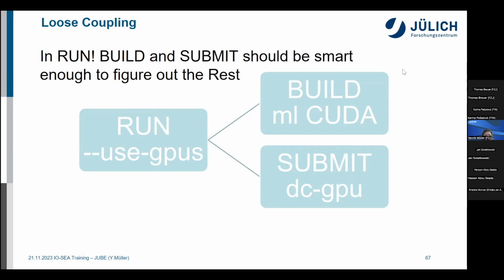And then this is a parameter that I give to my application. And then the build and the submit parameter sets should be smart enough to know, hey, I want to run with GPUs at the end. I need to give the values that are applicable to GPUs. So the build should additionally load the CUDA module, and the submit should submit to the GPU partition.